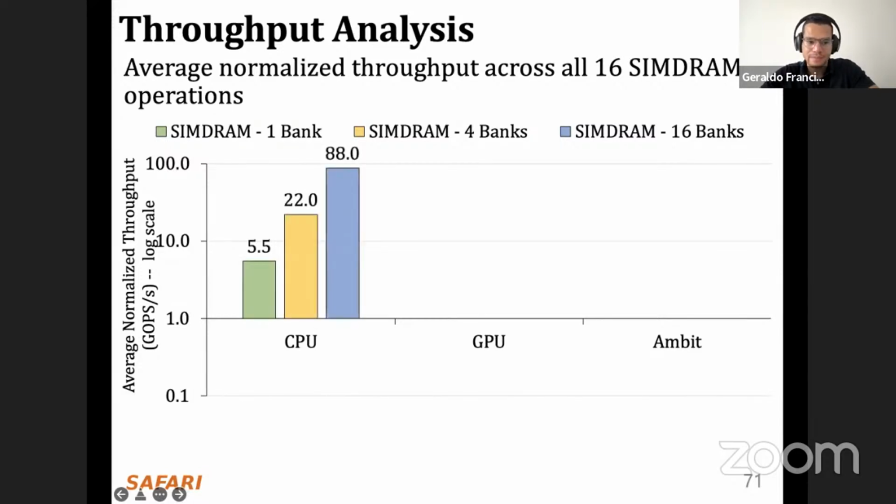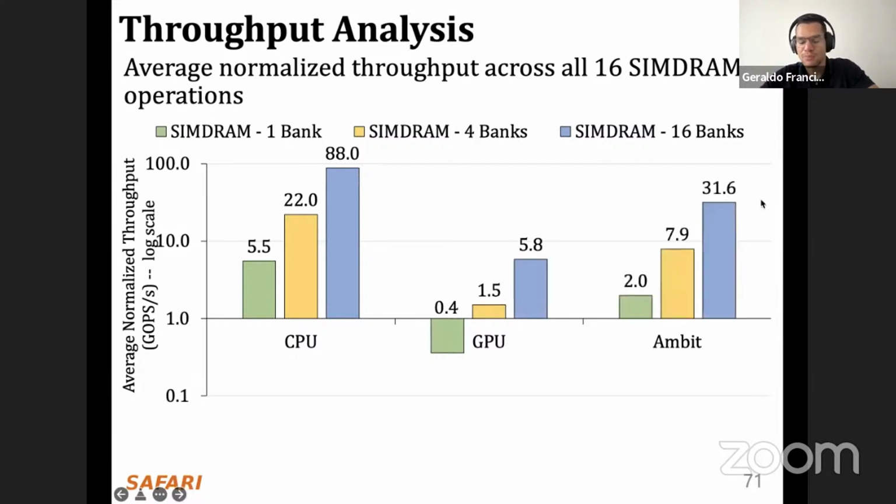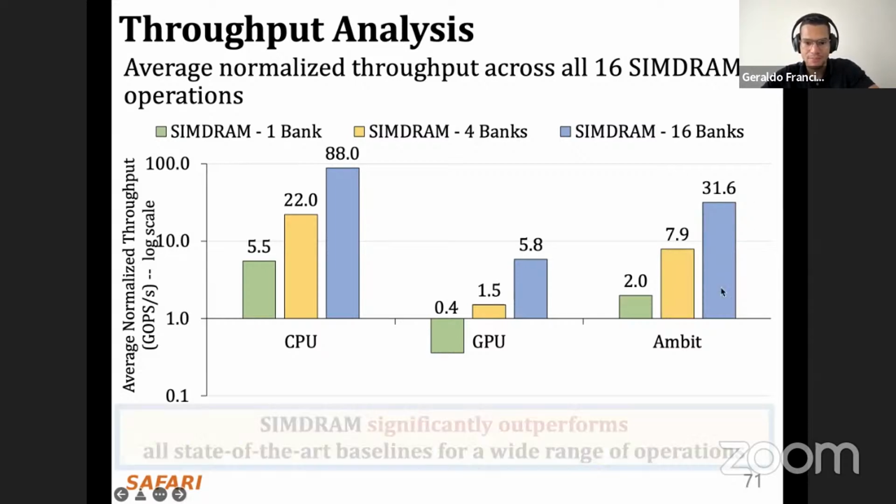As you can see, SIMDRAM throughput is up to 88 times compared to the CPU baseline, up to 5.8 times compared to the GPU baseline, and 31.6 times compared to the Ambit baseline.